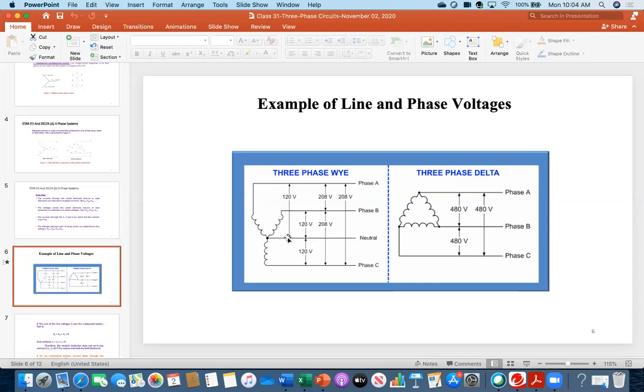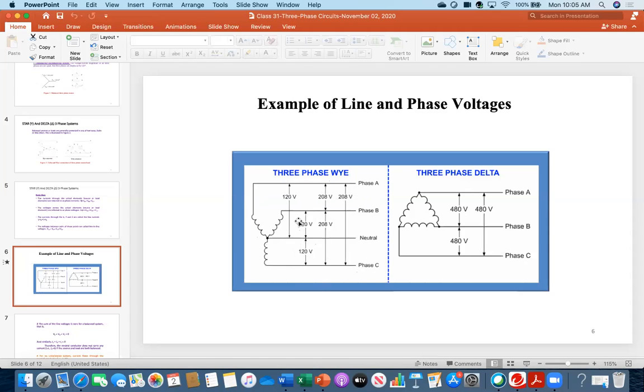This is 120. But then see, I am measuring the voltage, for example, between phase A and phase B. Look, phase A and phase B, 208 volt, root 3 times of that one. Or I am measuring voltage between phase A and phase C, 208. Or between phase B and phase C, 208.